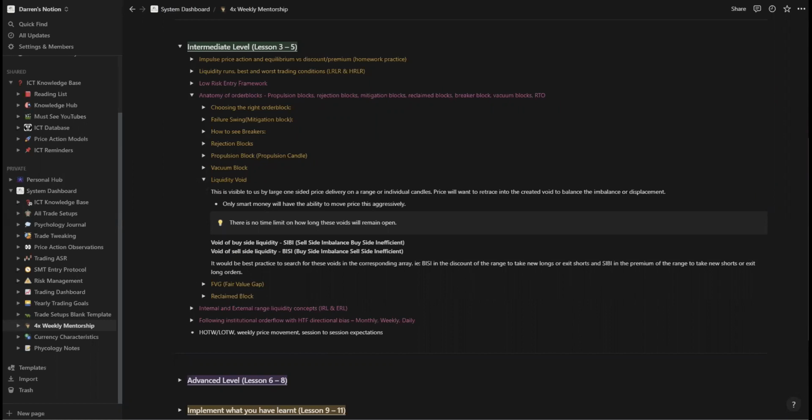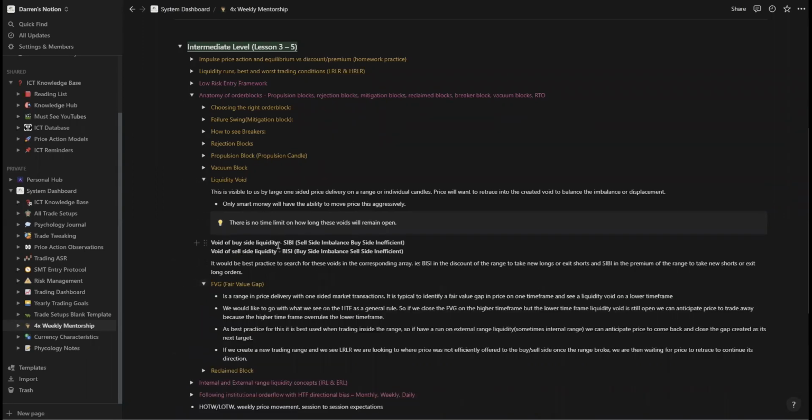Okay. So guys, I'm not going to spend a lot of time on these two because we already sort of know what fair value gaps and liquidity voids are. I've discussed them. All we can take away here really is that a void of buy side liquidity is SIBI over here, so it's sell side imbalance and the buy side is inefficient.